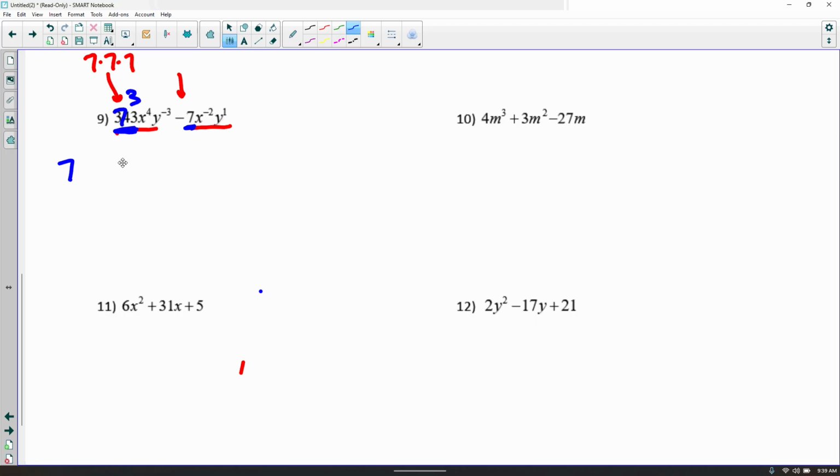So that would leave me 49. Does that make sense? Because that's 7 squared. Now it's looking more like what? The difference of perfect squares. All right. But most of us would already have done what? What do we normally start with anyway?